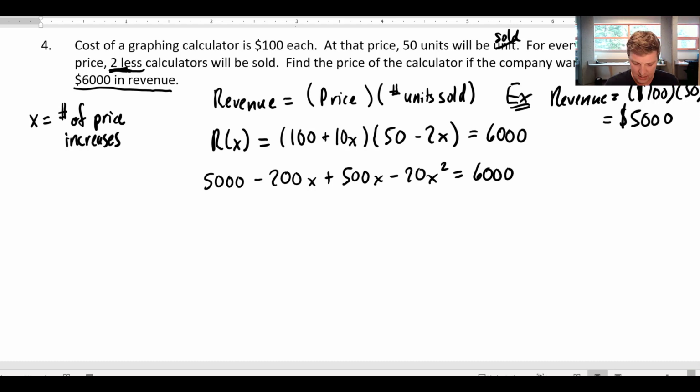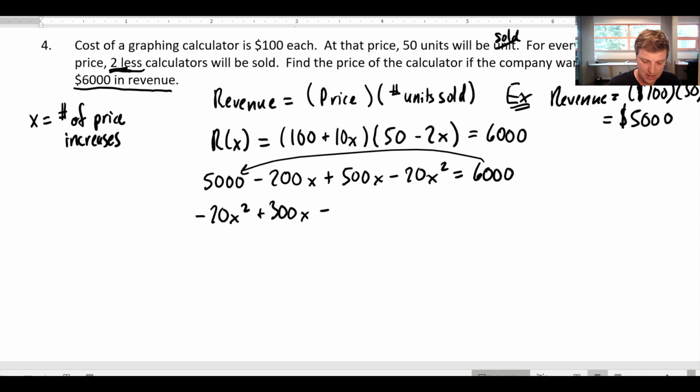So I'm going to rewrite this, and maybe I'll bring the 6,000 over to the other side of the equation by subtracting it, and move it so it's in my normal standard form. So I've got negative 20x squared, and then negative 200x plus 500x is going to be plus 300x, and then 5,000 minus 6,000 is going to be minus 1,000 equals 0.